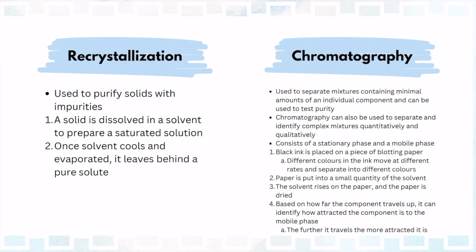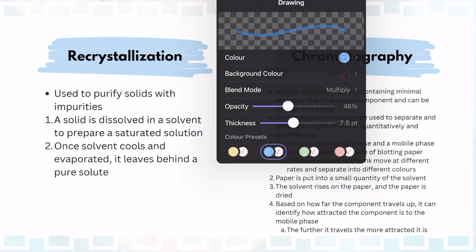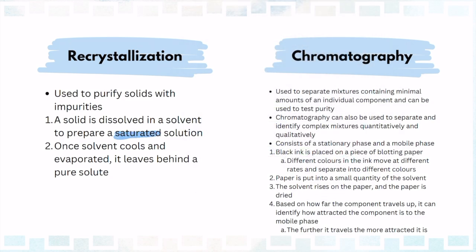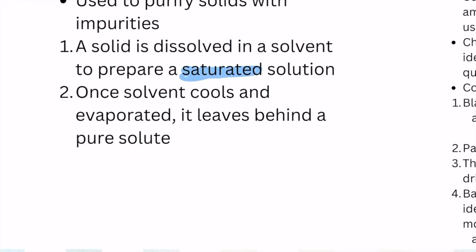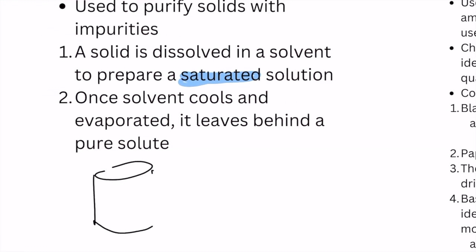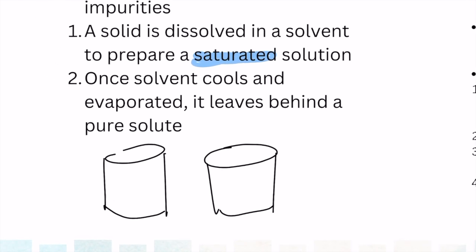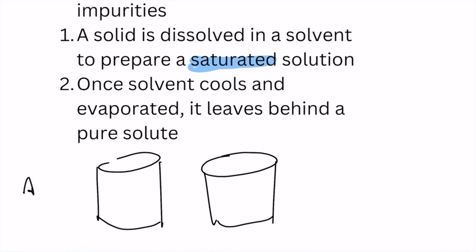Then we have recrystallization. This is used to purify solids with impurities. A solid is dissolved in a solvent to prepare a saturated solution. So what do we mean by saturated? Let's say you have two beakers filled with aqueous NaCl.